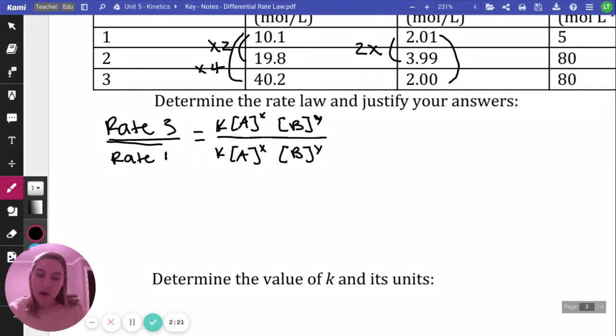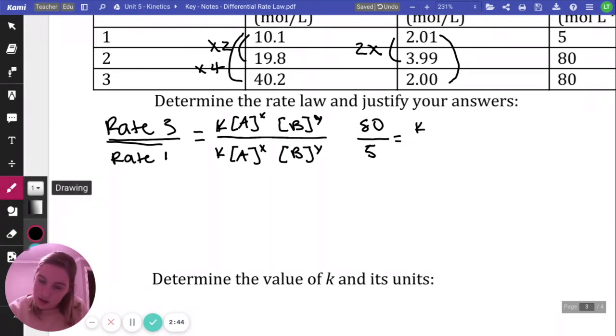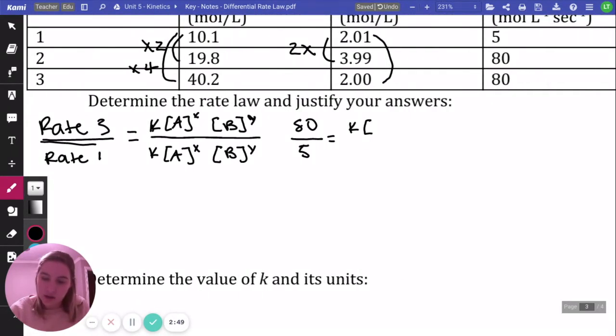All right, so now I'm just going to plug in values. My rate for experiment number 3 is 80 moles per liter per second, and my rate for number 1 is 5 moles per liter per second. That's going to be equal to our rate constant, k, times, for experiment 3, my concentration of A, which is 40.2 to the X. We don't know what that is.